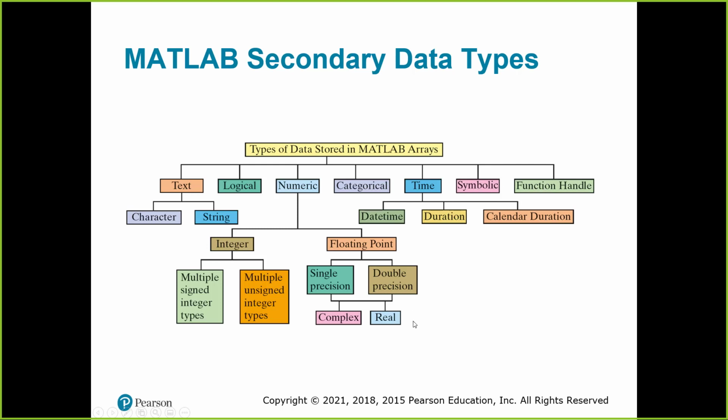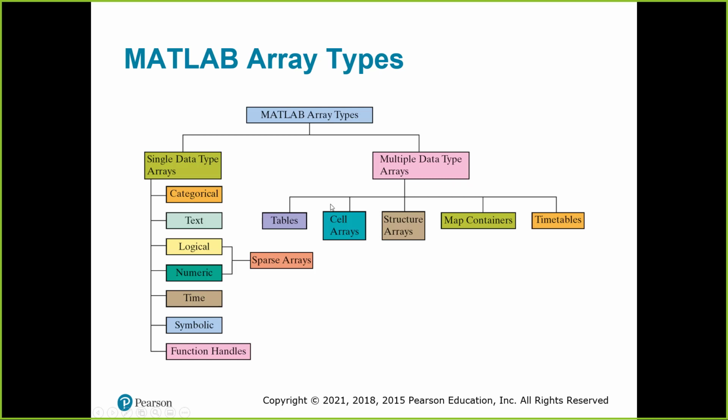And then function handles. There are also MATLAB array types. There are single data type arrays, which are categorical, text, logical, and numeric. Sparse arrays, we'll cover in a few slides. Time, symbolic, and function handles. Then there are multiple data types, which are your tables, cell arrays, structure arrays, map containers, and timetables.